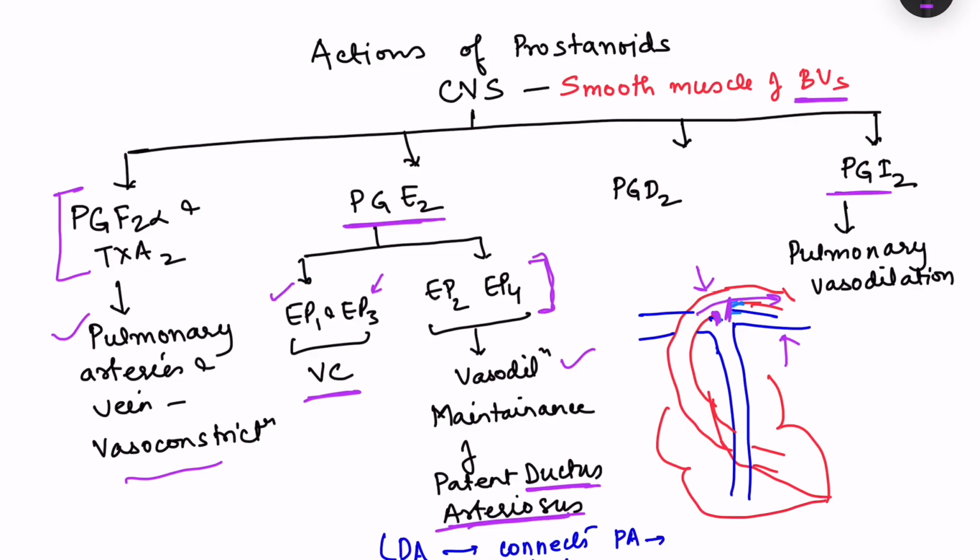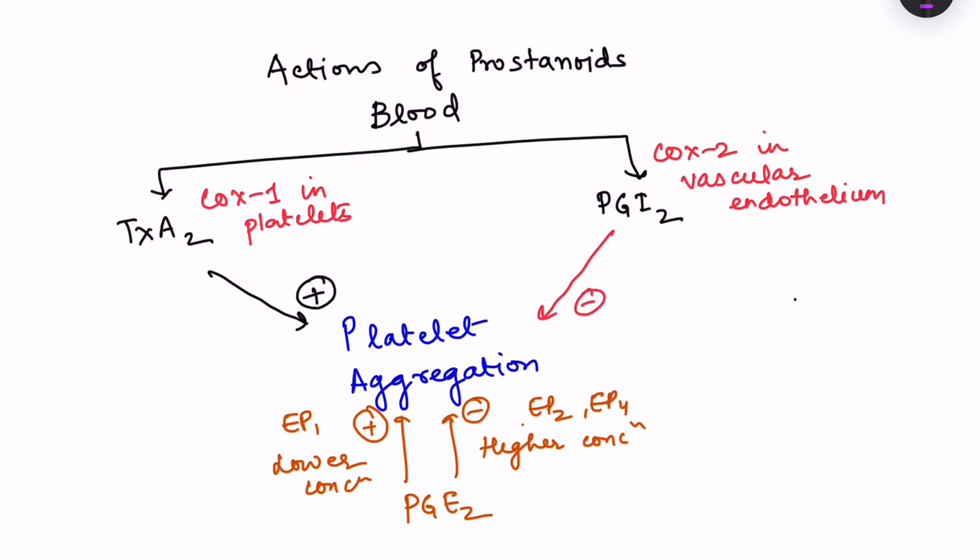Then we have PGI2. PGI2 again is in the relaxant category, so it causes pulmonary vasodilation. And when we talk about the analogues, we will see that there are certain drugs which can be used because of this action on pulmonary vasodilation. Moving on to the next action, that is action on the platelets, very important.